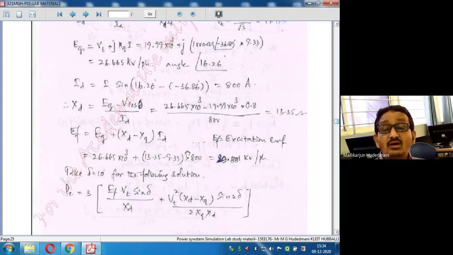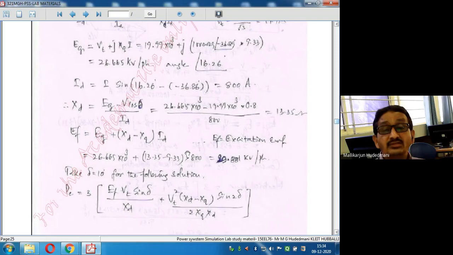Therefore, when there is a quadrature axis reactance, the reciprocatory to and fro moving power in the actual power is known as reluctance power. Reluctance power flows forward and reverse at twice the rate of the fundamental frequency. Therefore, that reciprocating power over a cycle gets cancelled out. But there will be a flow of two kinds of power.